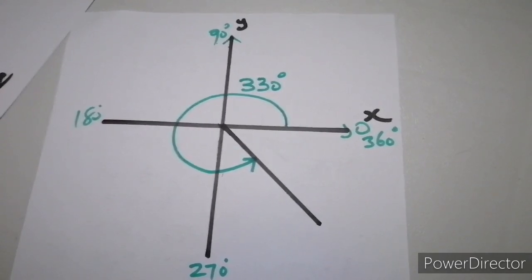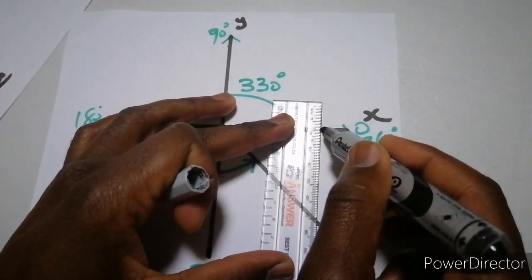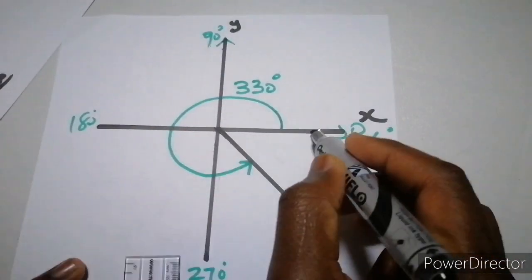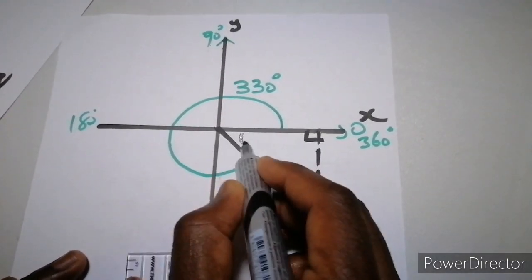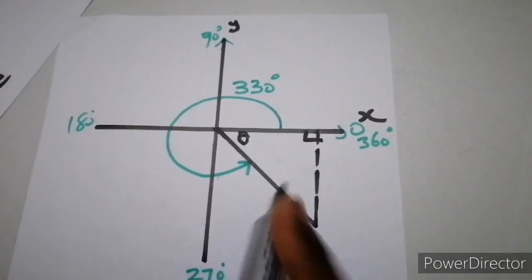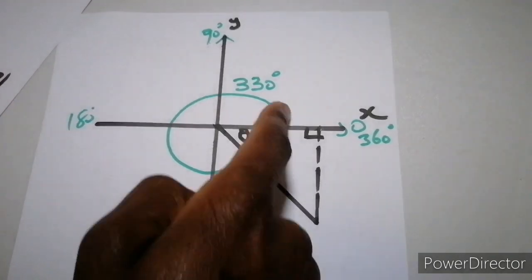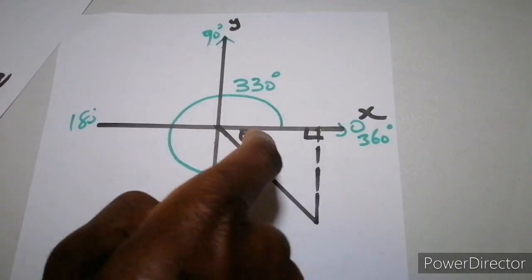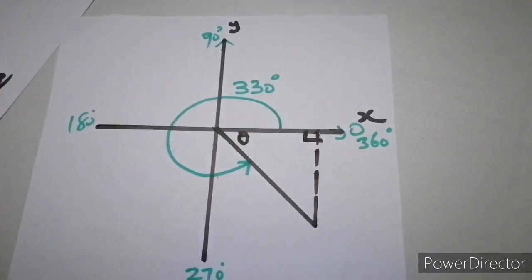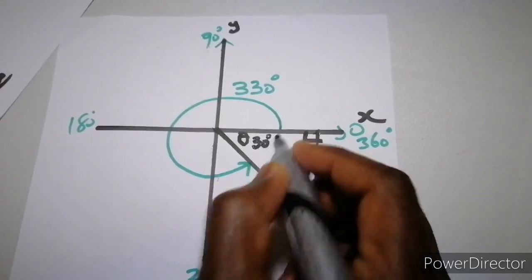From the end of the arm, we draw a vertical line joining the x-axis, perpendicular to the x-axis. Now, this is our reference angle inside that triangle. Now, what is the size of that reference angle? Now, 330 all around to the arm. Now, we're missing an angle here to complete 360. The size of that angle is 30 degrees.